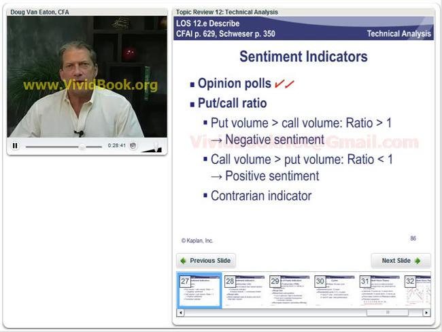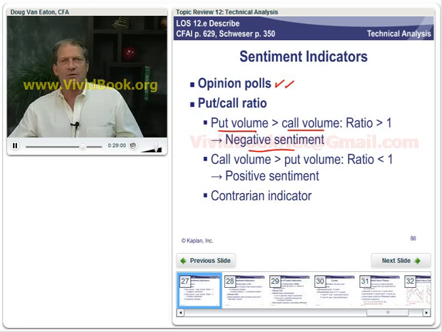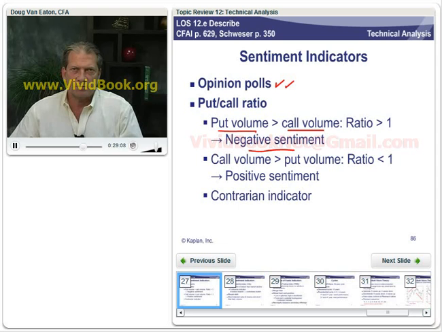But here's an opinion poll where they have to put their money where their mouths are. Put volume relative to call volume. When put volume is greater than call volume, it means that there's negative sentiment. Investors are getting nervous. They're buying more puts to protect them from falling stock prices than buying calls to position themselves to benefit from increasing stock prices.